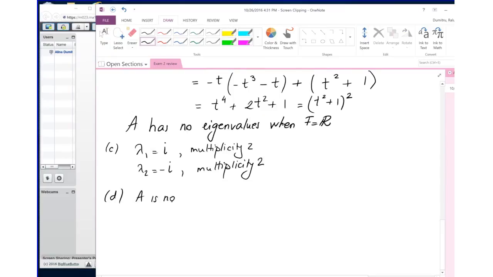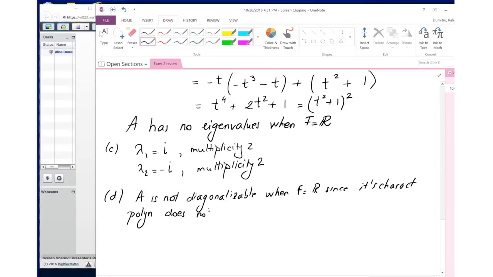So A is not diagonalizable, since the characteristic polynomial does not split over R.